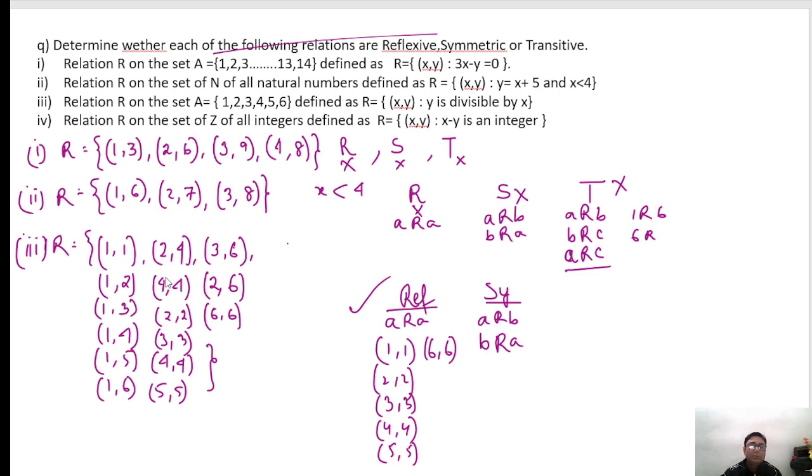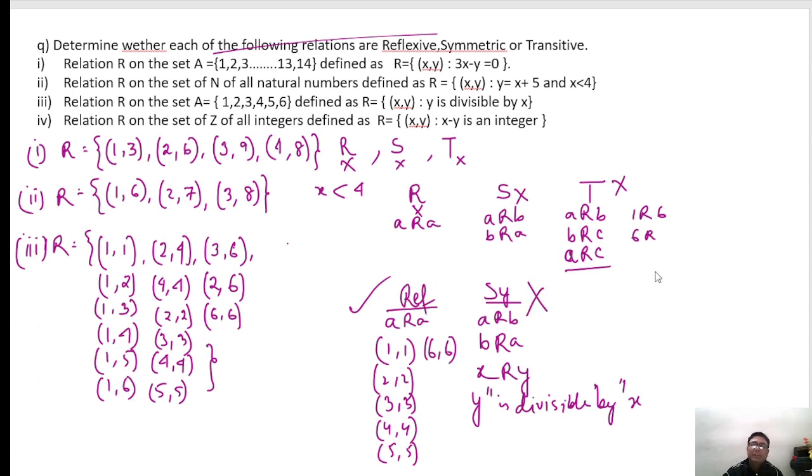Never, I cannot tell that. X R Y means Y is divisible by X. So if 2 is divisible by 1, is 1 divisible by 2? Never. So this will never be symmetric, will never be followed.